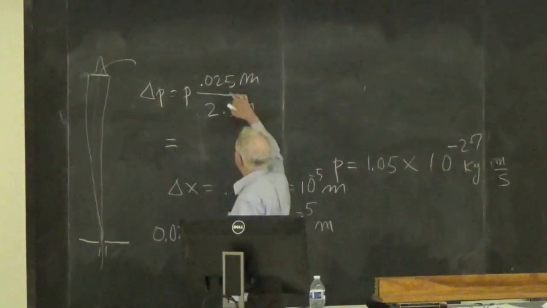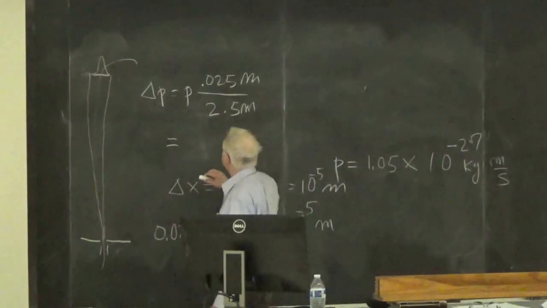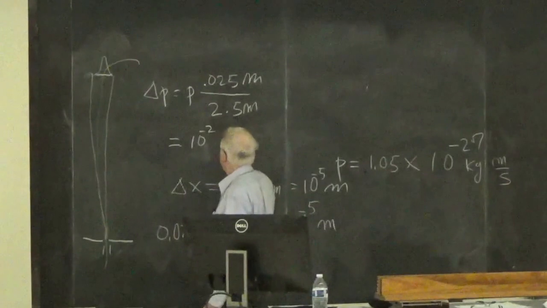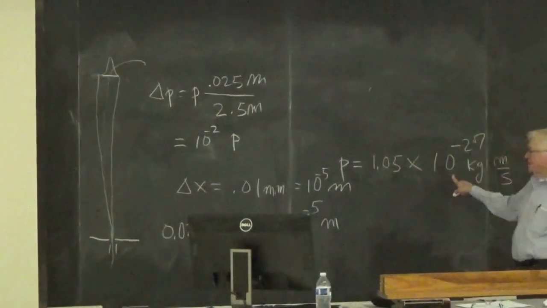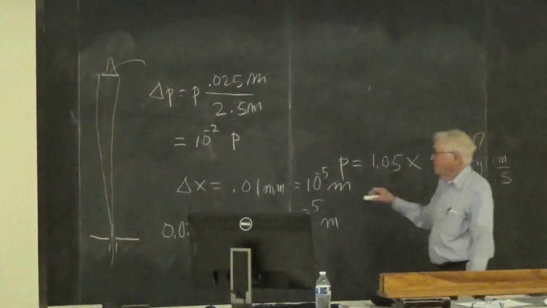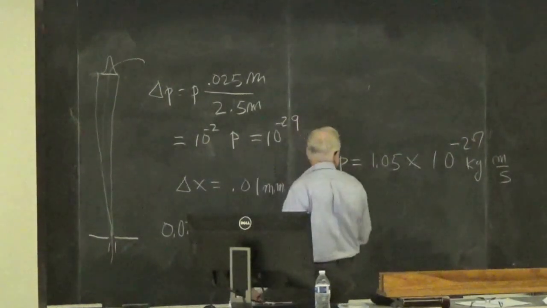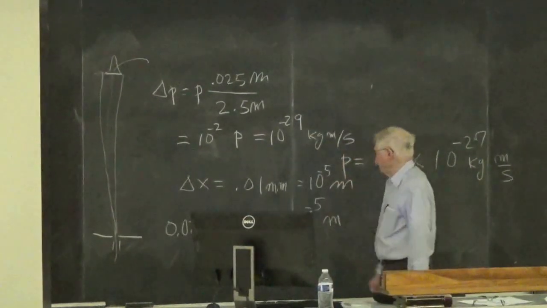And so the ratio of these two is a factor of 100. So this is 10 to the minus 2 times p. p, on the other hand, is essentially 10 to the minus 27, and so this is 10 to the minus 29 kilograms meters per second.